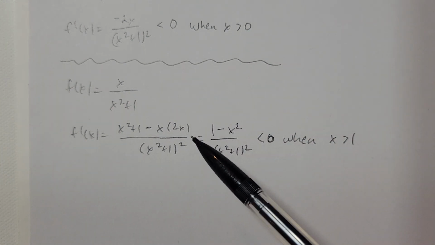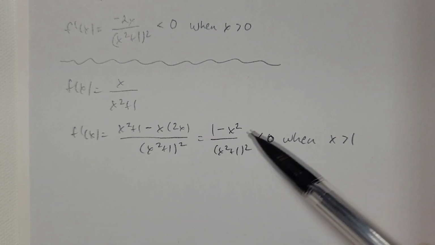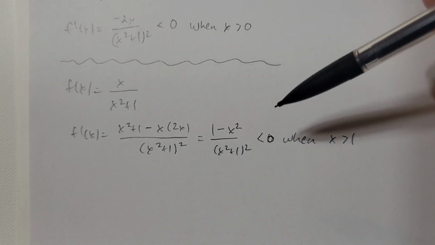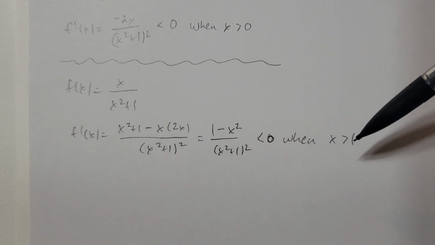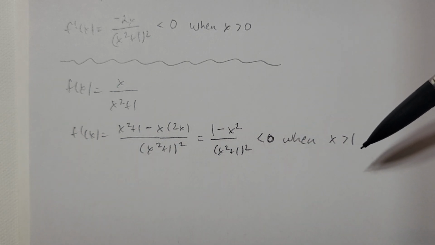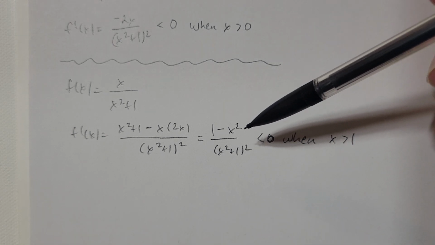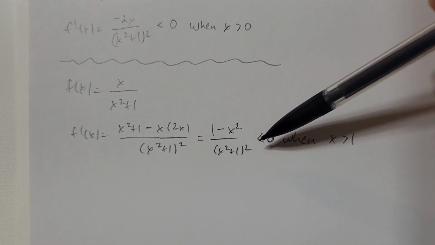X squared minus 2x squared is negative x squared. It's like 1 minus x squared up top, divided by x squared plus 1 squared down under. Now, that is going to be less than 0 whenever x is bigger than 1. If x is in between negative 1 and 1, then the sign will be flipped.